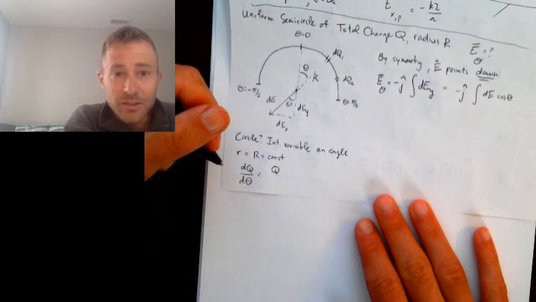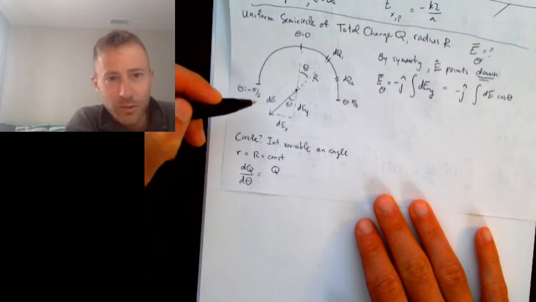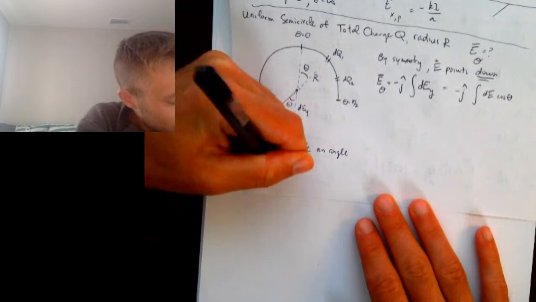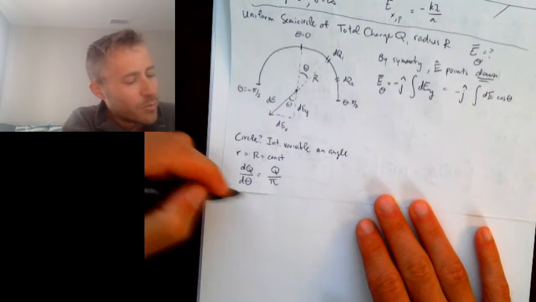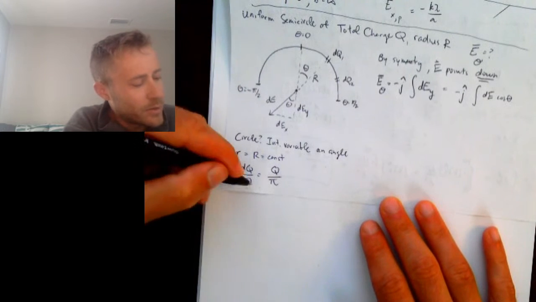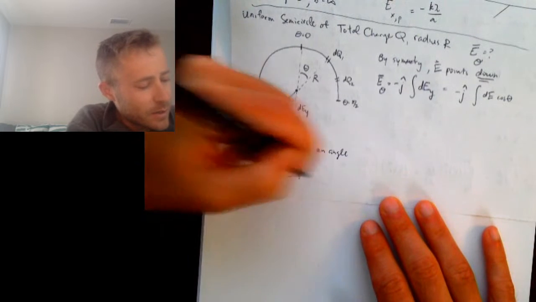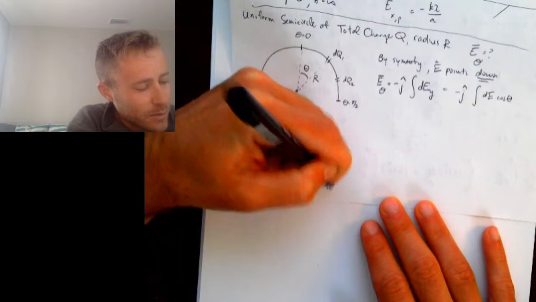And because it's a semicircle, the total amount of angle in a semicircle is pi radians. Multiplying both sides by d theta, I get that dq is q over pi times d theta.